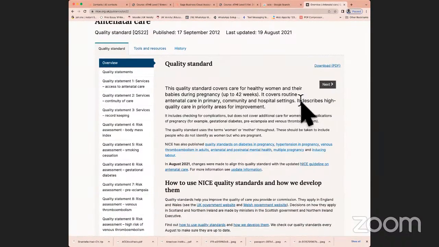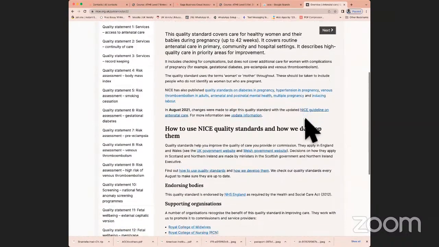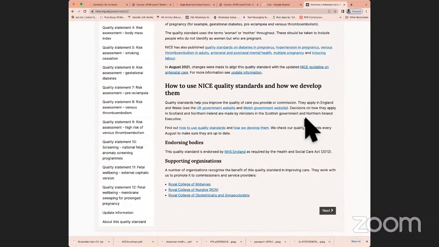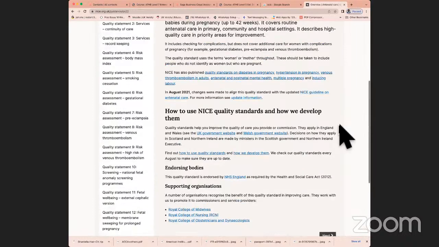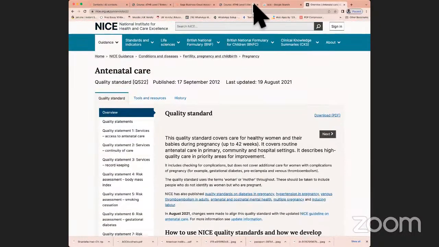But the brief summary of the standard, how it is implemented, which are the endorsing bodies, and why it is important for us to follow this as a standard, and how it relates to the NHS constitution, the main legislation and acts which the government has introduced over the years, things like the National Health and Social Care Act of 2012, are explained in detail on this particular site. So it's a good site to go into.